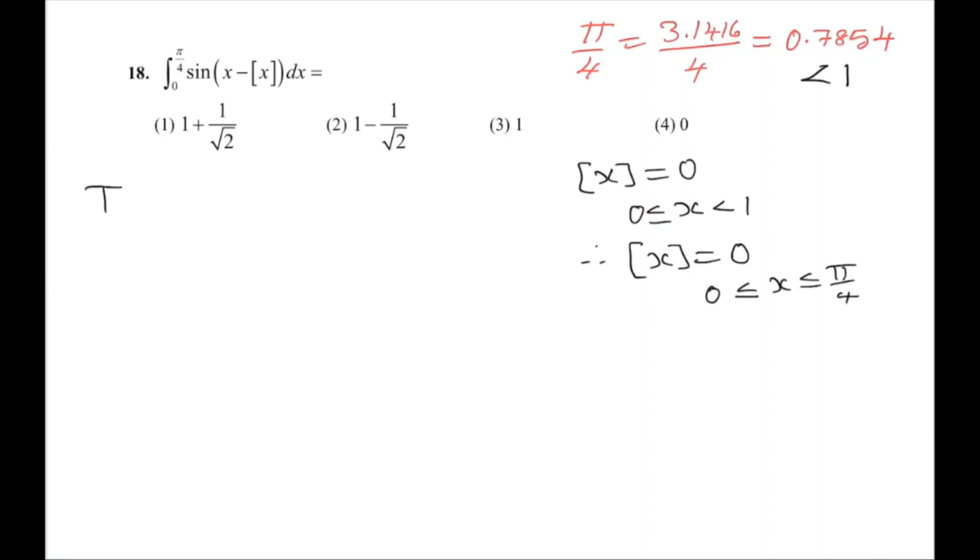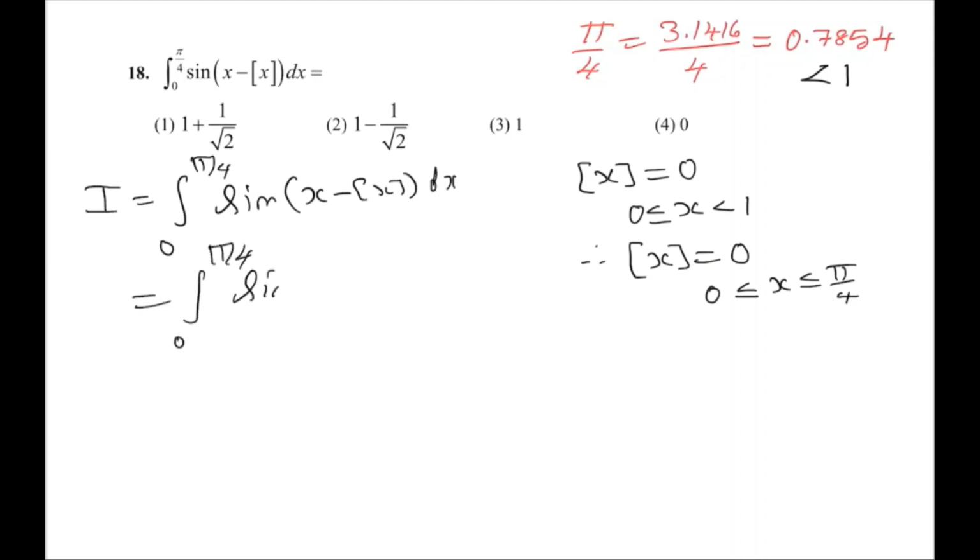So the given integral reduces to integral 0 to pi by 4 of sine of x minus 0, rather just sine x dx. Integral of sine x is minus cos x. You can keep the minus sign outside. Take the limits between 0 and pi by 4.